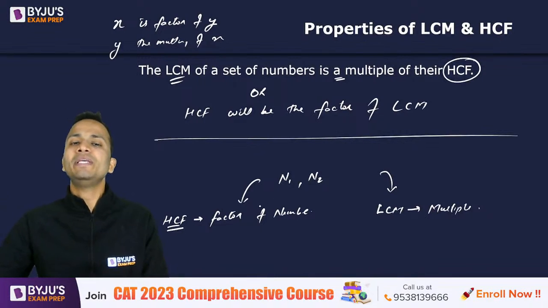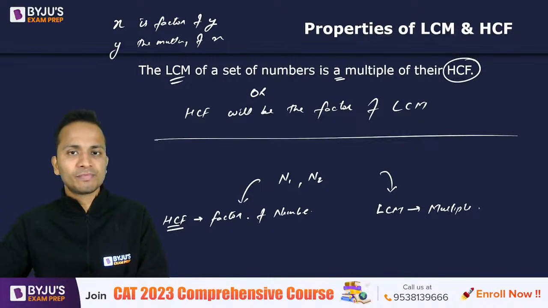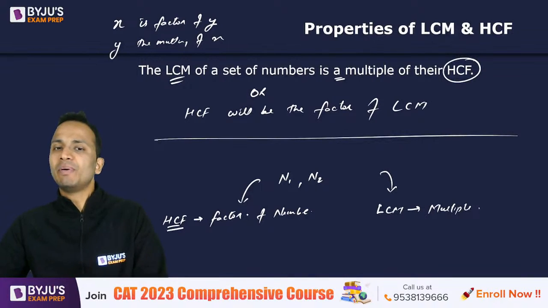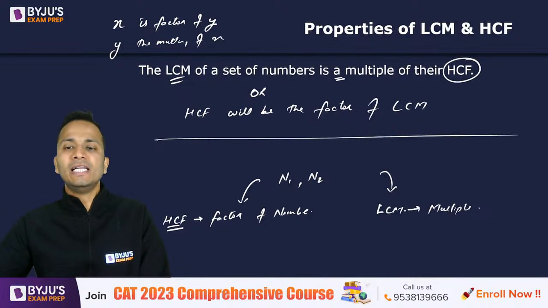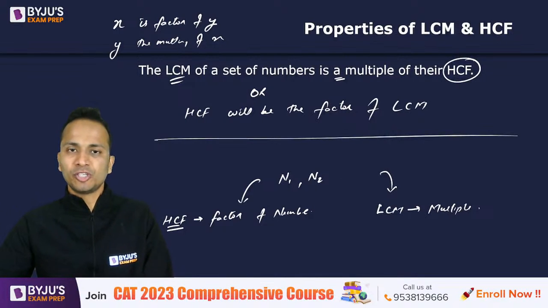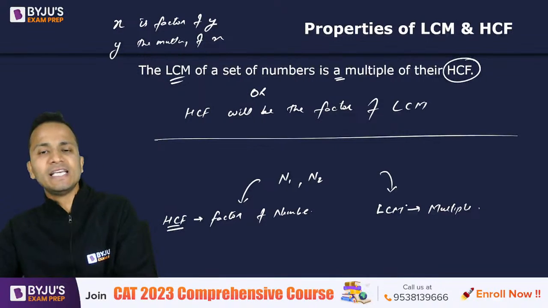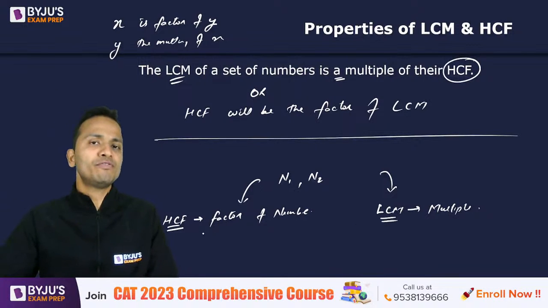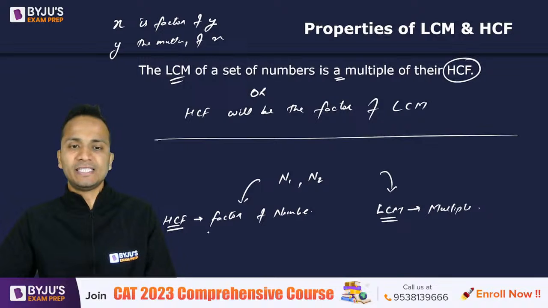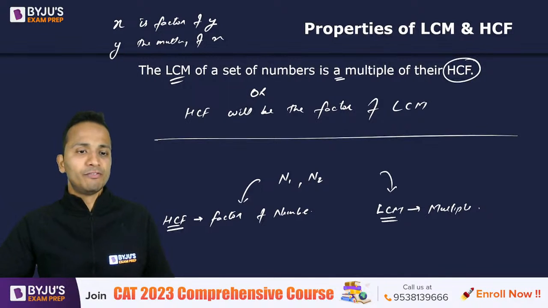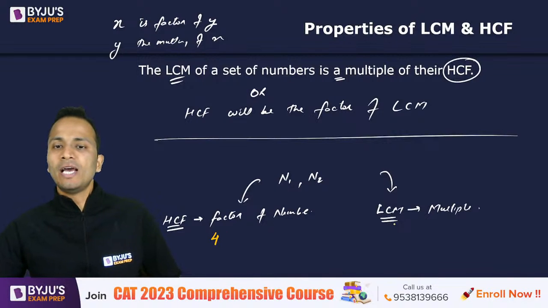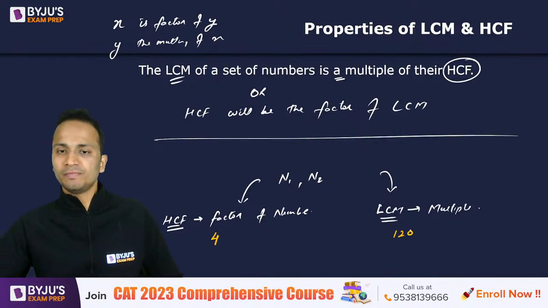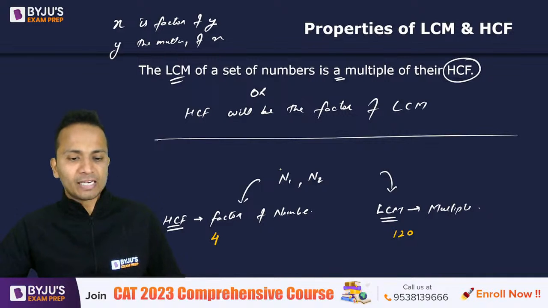So the numbers will be the multiples of HCF. So numbers जो है HCF के multiples हैं, and LCM is the multiple of these numbers. So if numbers are the multiples of HCF and LCM is the multiple of numbers, then I can say that LCM will be the multiple of highest common factor HCF. ठीक है? HCF for example 4 आया था हमारे previous numbers में. HCF was 4 and LCM was 120. So 4 was the factor.